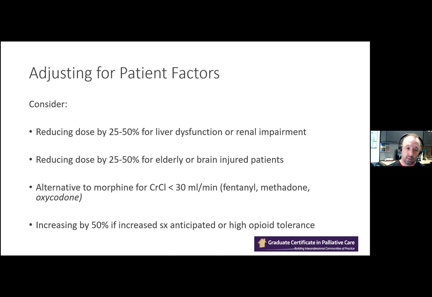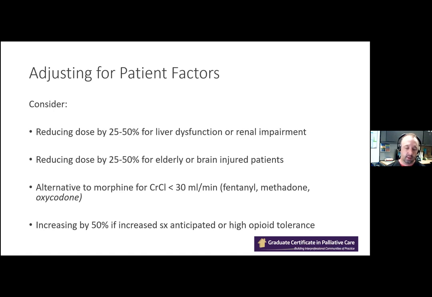You may also want to reduce the dosing for patients who are elderly, and they may be more sensitive to some of the side effects, similar for patients with brain injuries. And then think about an alternative to morphine in renal impairment, as we mentioned above.